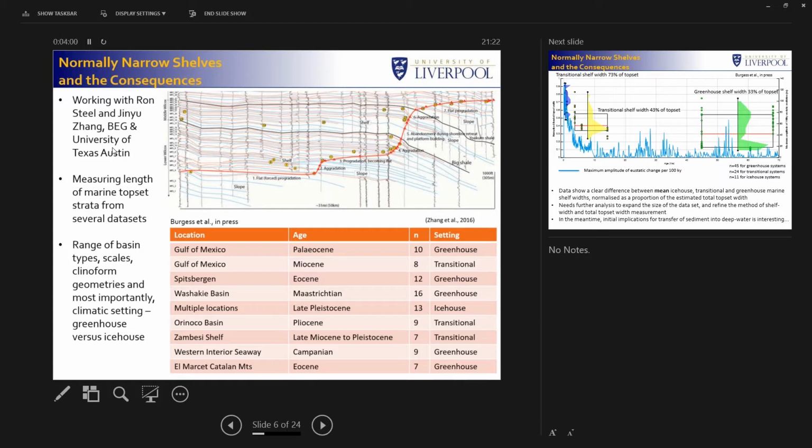This spans a range of basin types, scales, and clinoform geometries, and most importantly, three different climate settings: greenhouse, icehouse, and transitional. You can see they're listed here in the set. Our method is based on well log, outcrop, or seismic data to reconstruct how far those marine stretches of rock extend into the topsets of the clinoforms. That's essentially what we're measuring.